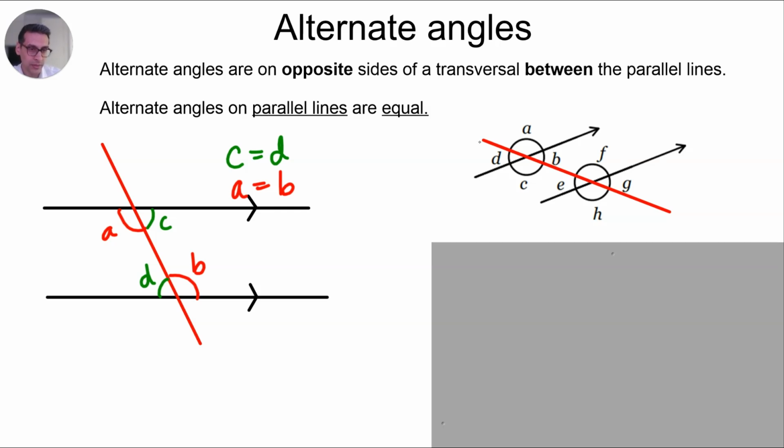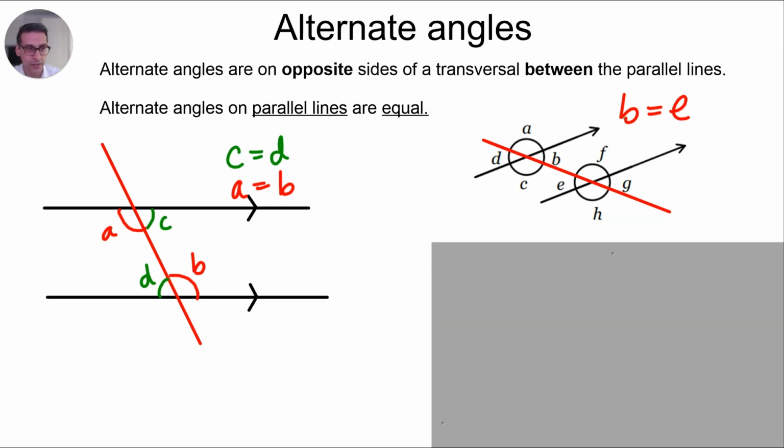In this diagram, you can see there's a transversal, the red line there. If I said, what is the alternate angle for B? Well, I'm going to look on the other side of the transversal. I've got four options. So I've got D, C, E, or H. Now, because they have to be inside or in between the parallel lines, I know that B is equal to E because they are alternate angles.